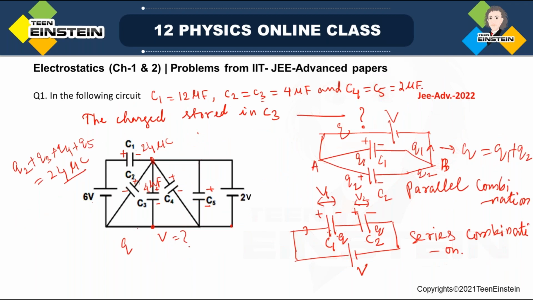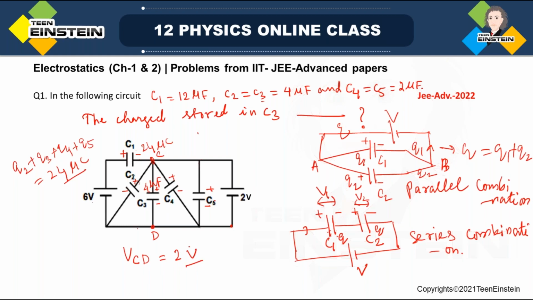So across this branch, VCD is 2 volt. That means the potential difference across each capacitor will be 2 volt.